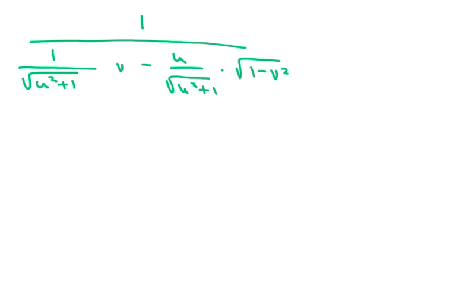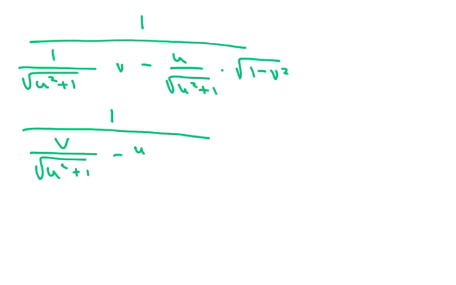Now let's go ahead and combine with our common denominator. So we get 1 over v minus u times the square root of 1 minus v squared, all over square root of u squared plus 1. So I'm just kind of cleaning it up.